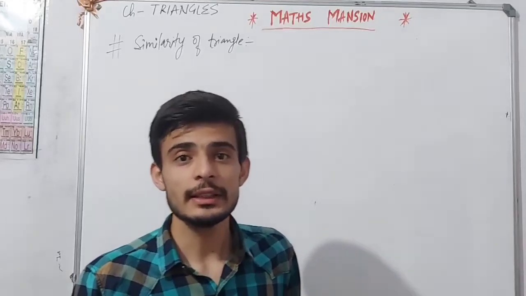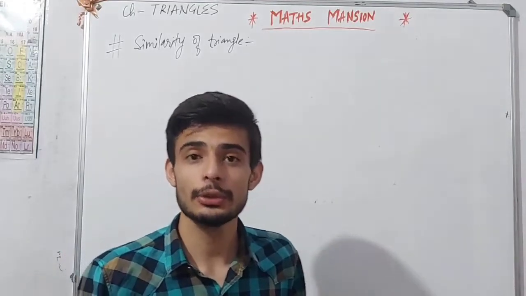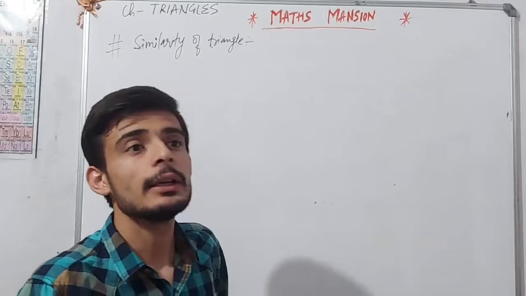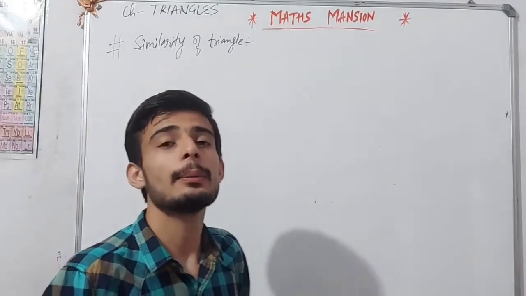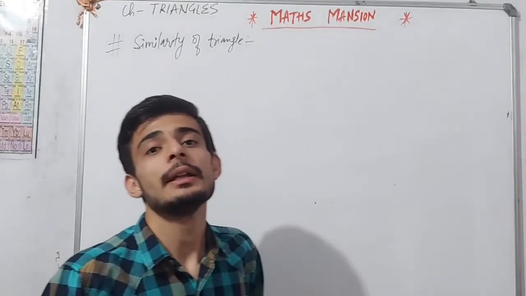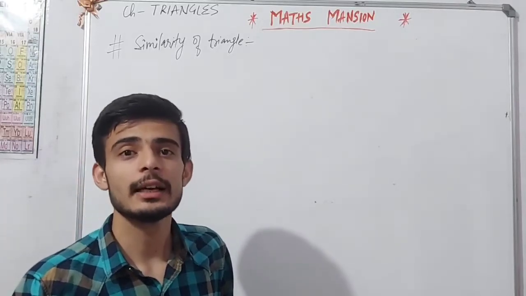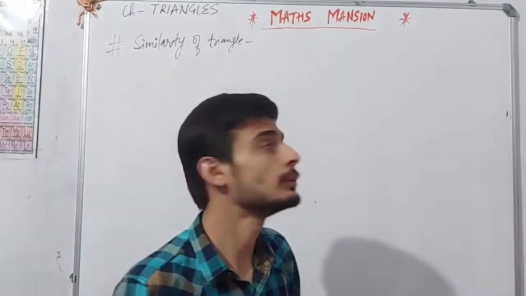In congruency, the corresponding sides were equal, but in similarity, the corresponding sides are proportional, which means that the corresponding sides are in the same ratio.